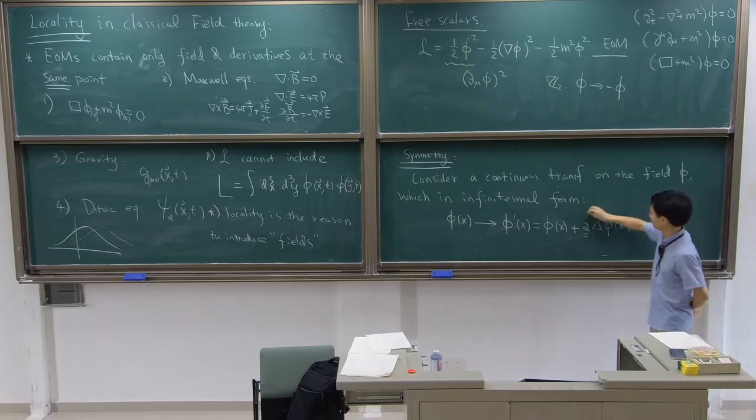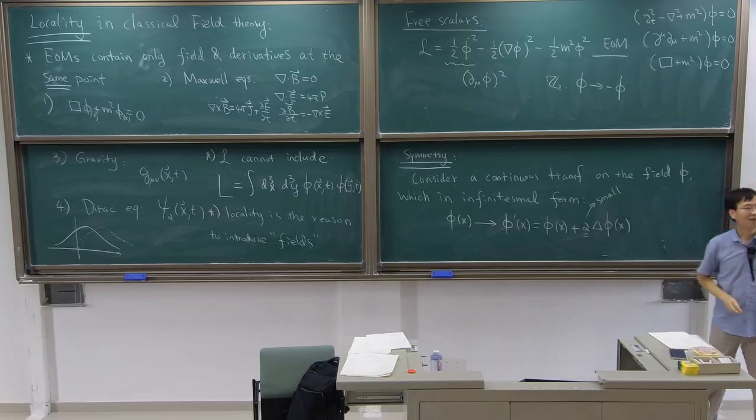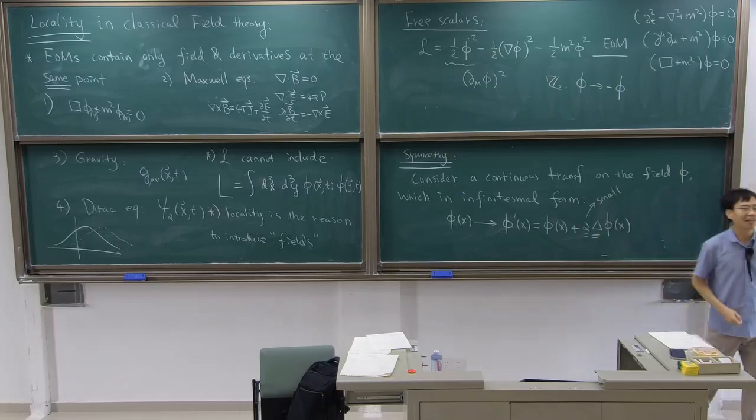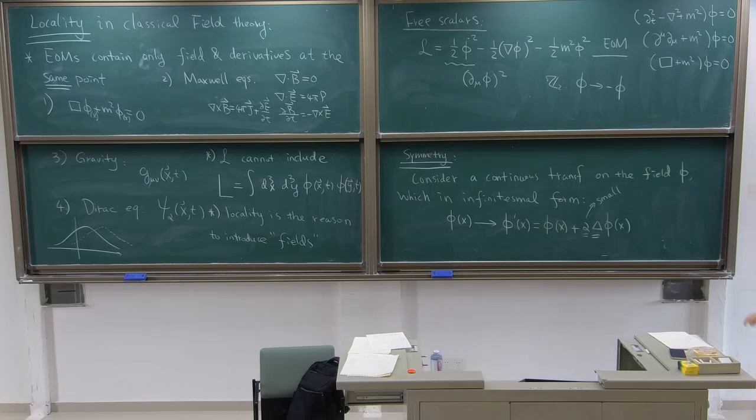Alpha is very small. Together with some particular operation, which I schematically label with delta. Delta can mean many different things: a first derivative, a combination of derivatives, and so on.